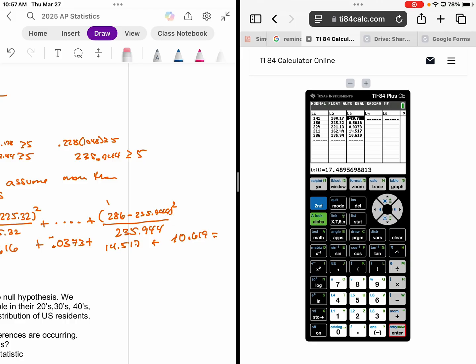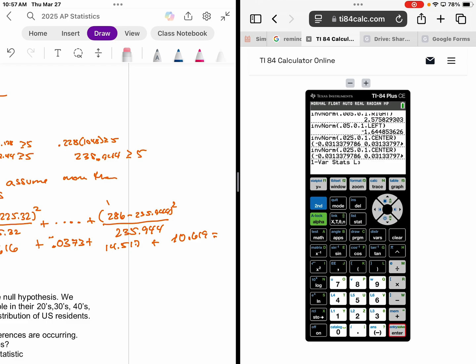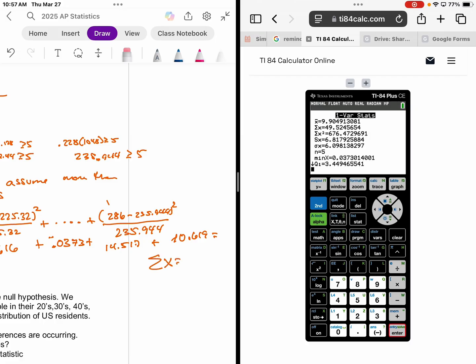Now, we can add all those up, or we can do a one-var stat, and it can add it all up for us. If I do stat, go over to calculate, do a one-var stat, and do column 3, I want to look at the line that has the sigma x. That is the sum of the values in that column.